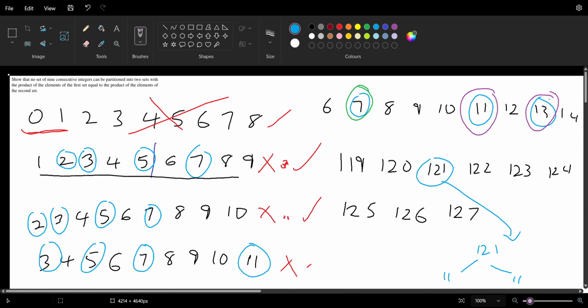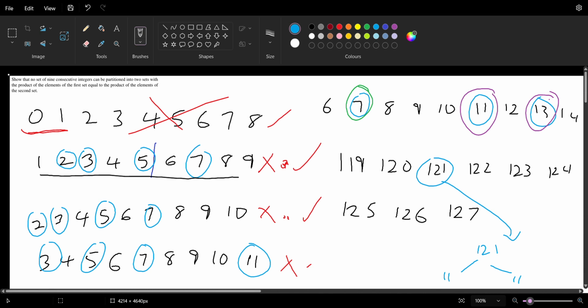And the only way you can get another number that is a multiple of 11 is 11 steps away. So there is no way that with this particular one, let's say everything here is a multiple of a prime factor, none of them is a prime, let's assume.